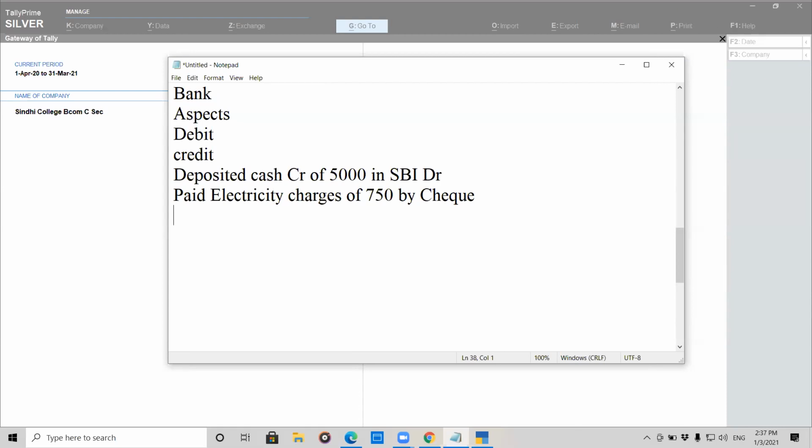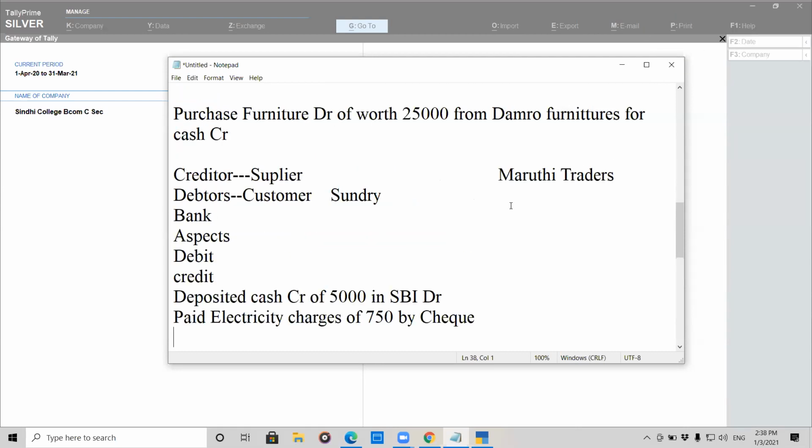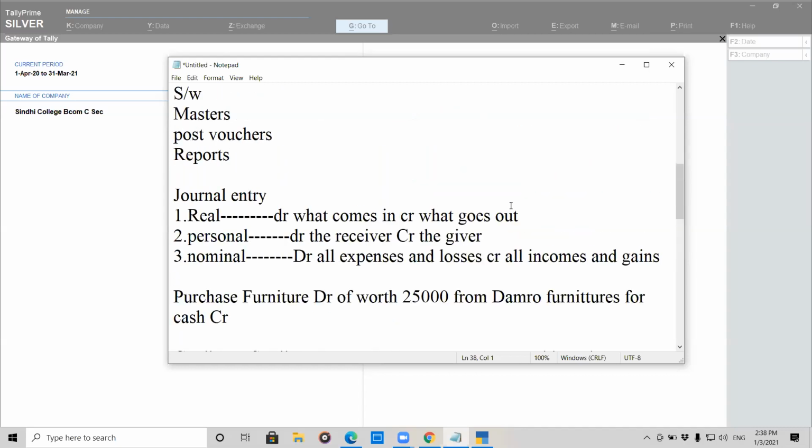Still didn't get the difference. Rakesh. Can you just scroll up a bit in that example? So bank account debit to check account.